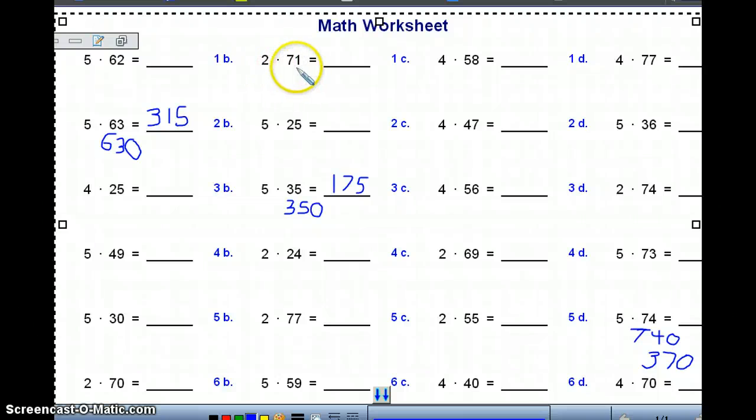So I'm going to start from 2 times 71. 2 times 70 was 140. And then the 2 times 1 is just the 2, so 142. I think students usually pick that one up relatively easily.